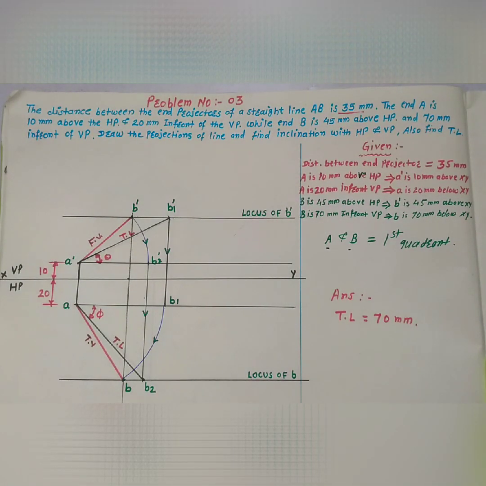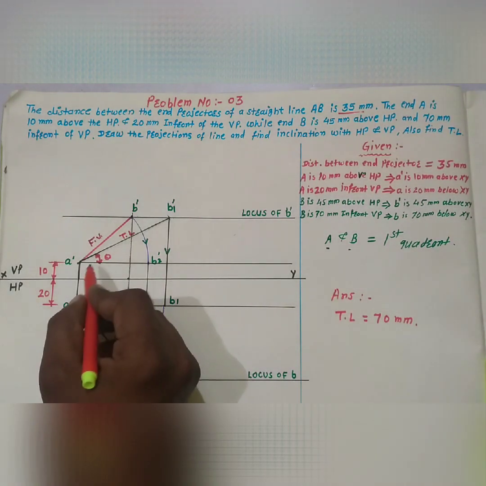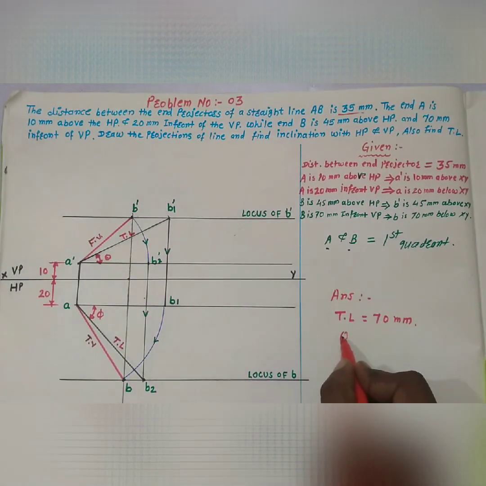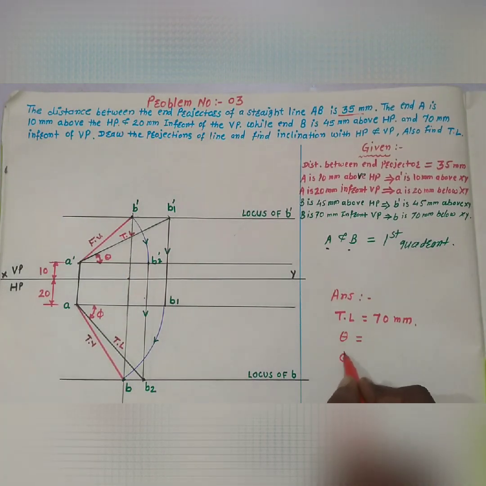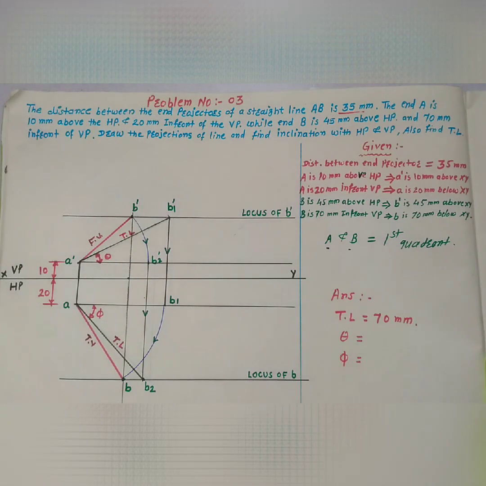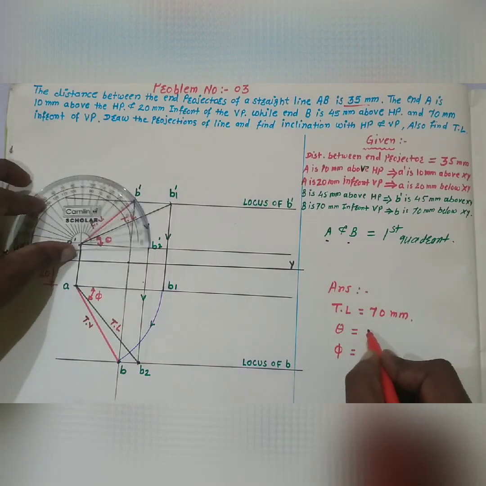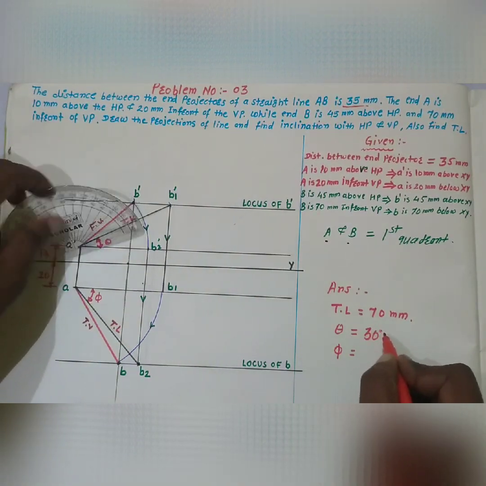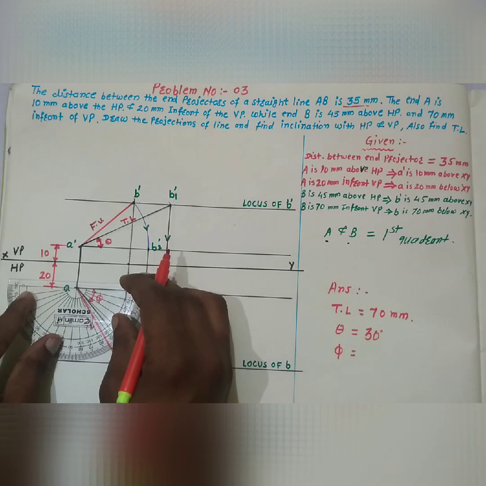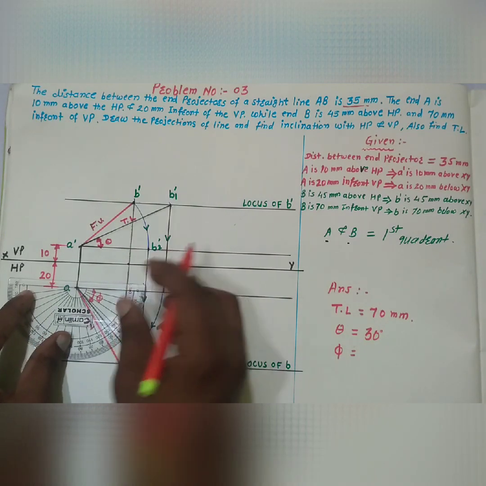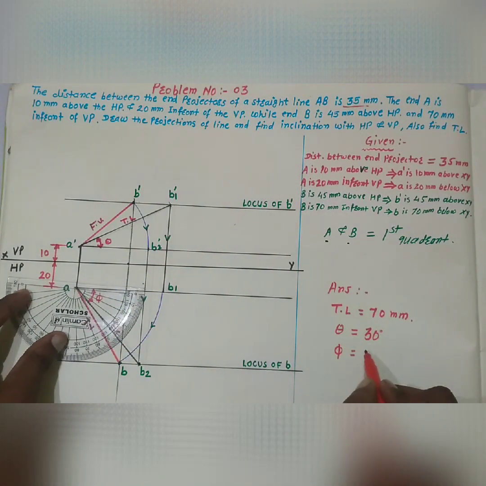Also we have to measure the angles phi and theta. When you measure theta, it is 30 degrees, and when you measure phi, it is exactly 45 degrees.